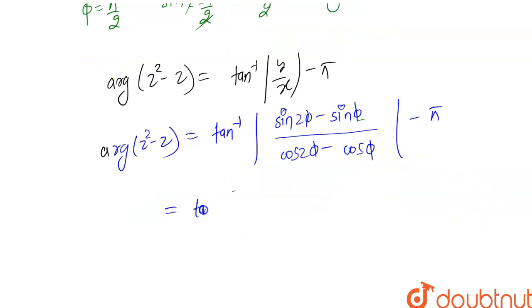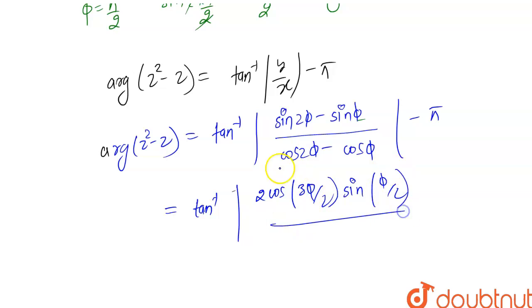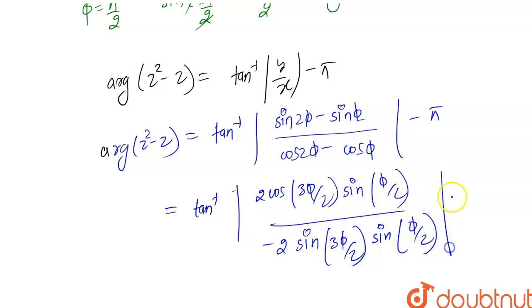Now this becomes equal to tan inverse of, the formula of sin 2 phi minus sin phi is given by 2 cos of (x plus y) by 2, that is 3 phi by 2, into sin of (x minus y) by 2, that is (2 phi minus phi) by 2, so it is phi by 2, divided by the formula of cos 2 phi minus cos phi, which is given by minus 2 sin of (x plus y) by 2, that is 3 phi by 2, into sin phi by 2, minus pi.